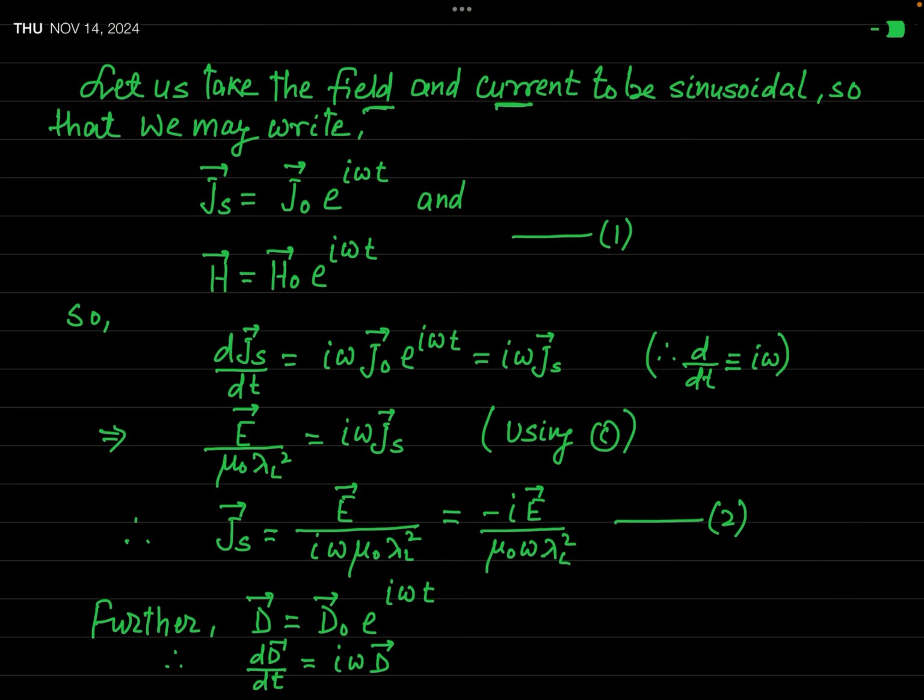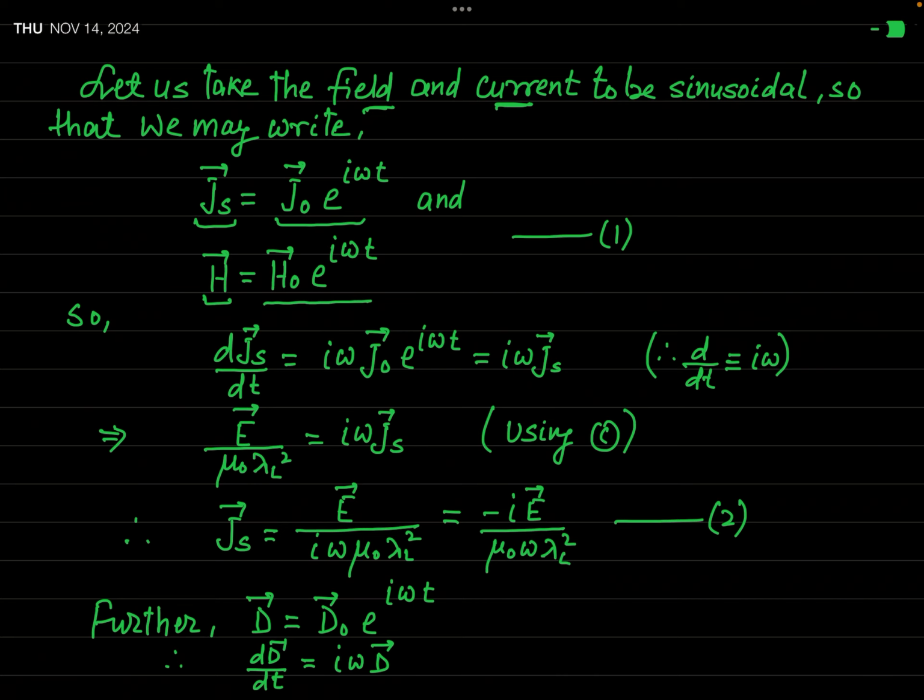So if the current is of sinusoidal nature, the best representation of this supercurrent density may be written like this: Js equal to J naught times e to the power iota omega t. Here omega is the frequency of this current, and the magnetic field intensity H is given as H naught times exponential iota omega t. Here the frequency of the current and the field are the same, equal to omega.